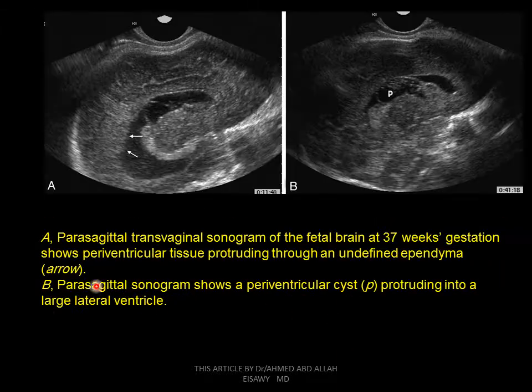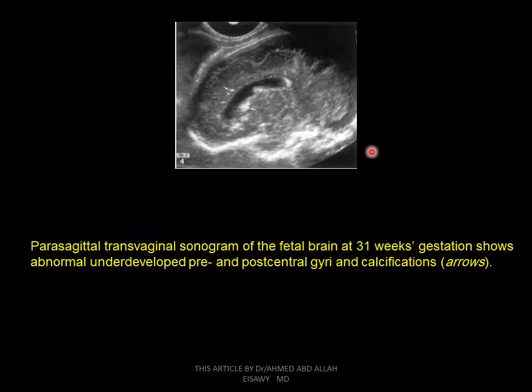infection. We see parasagittal at 37 weeks periventricular tissue protruding through undefined ependyma, periventricular tissue. In sagittal brain, we show a periventricular cyst protruding into a large lateral ventricle.